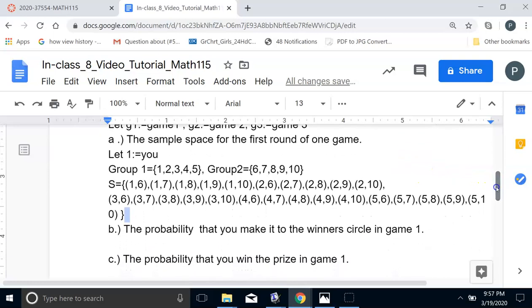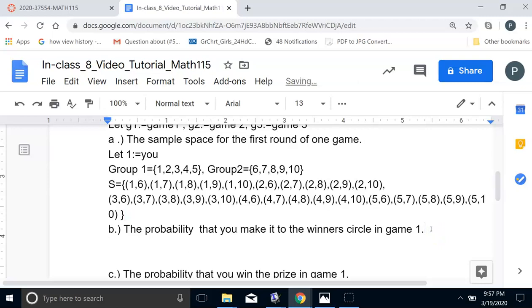Okay, so part B now, we have to find the probability that you make it to the winner circle in game 1. So let's look at that. Probability winner circle in game 1.